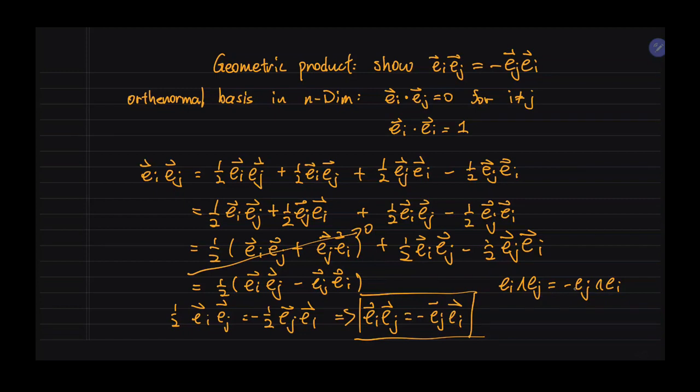However, in wedge product, generally speaking, any vectors A and B are not necessarily orthogonal.